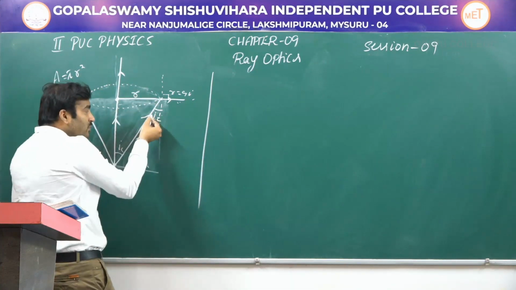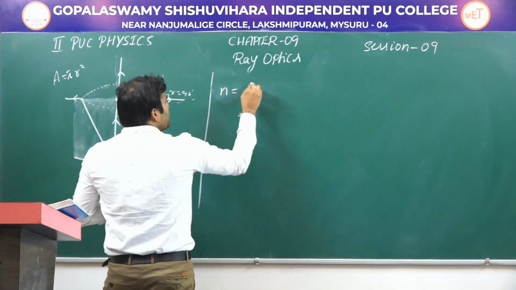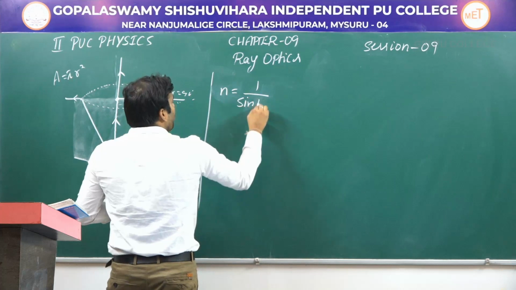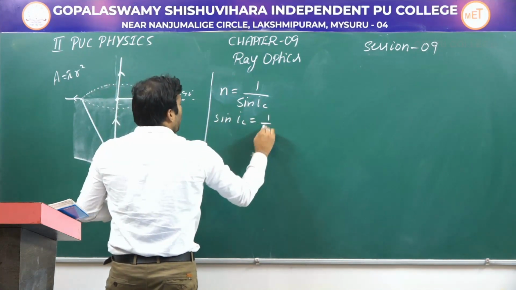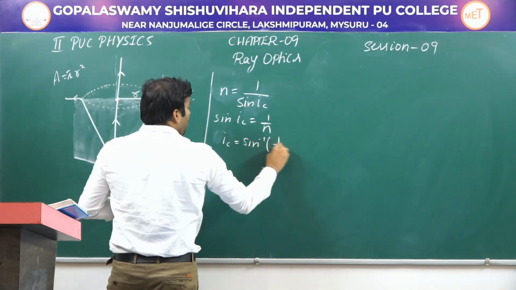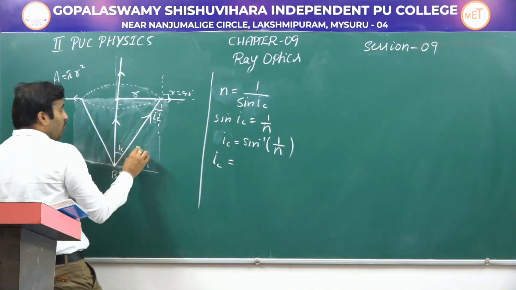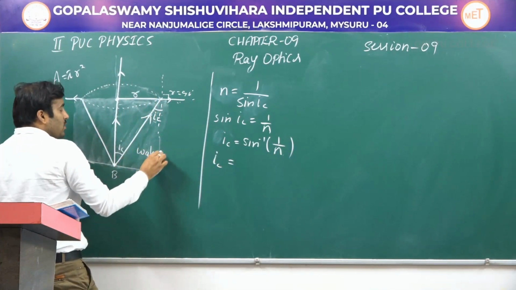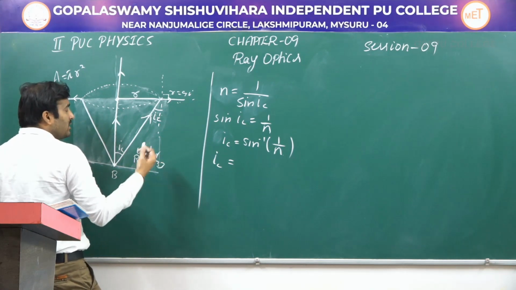So, first let us find out the value of IC. How do you find this? We have a formula, n is equal to 1 divided by sine of IC, so that sine IC equals 1 over n, or IC is equal to sine inverse of 1 by n. They have given the refractive index of water. This is a water medium, so the refractive index is equal to 1.33.